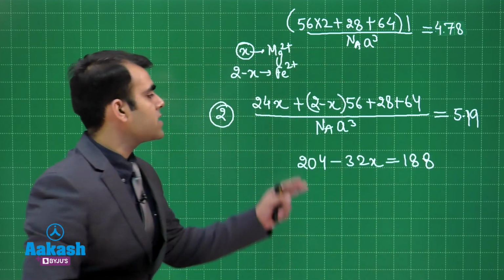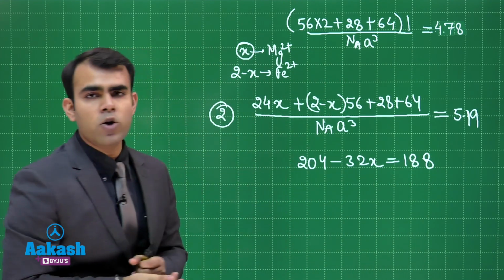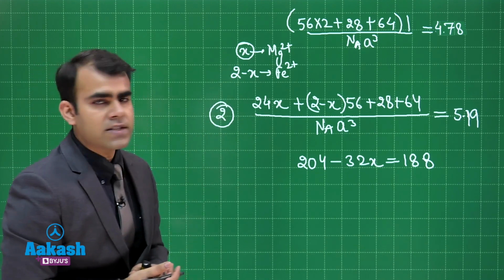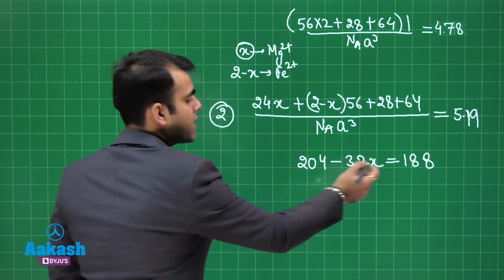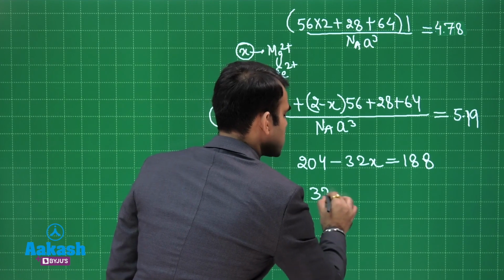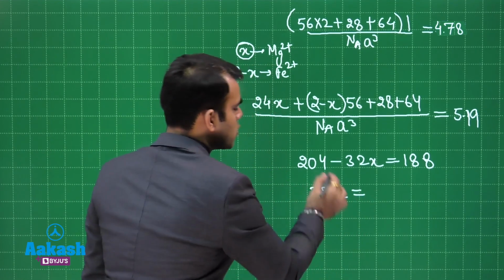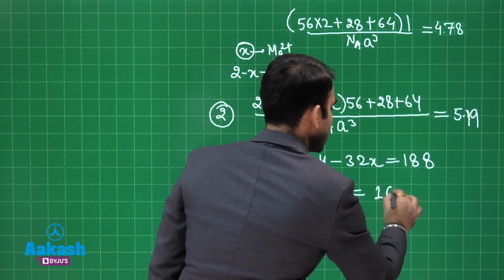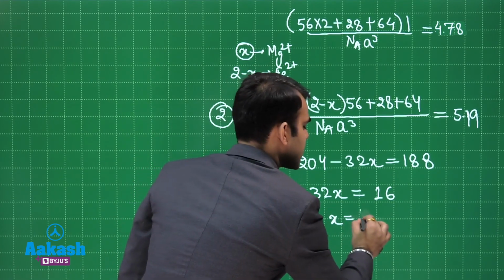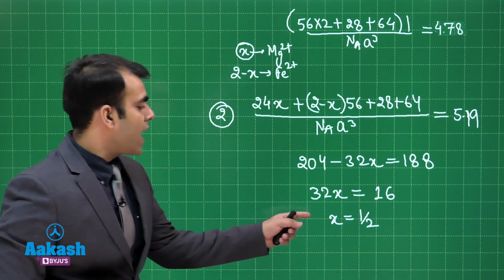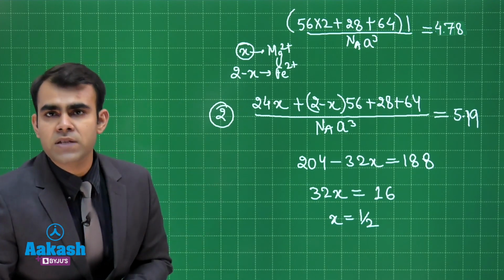You have to relate these two equations. You have to substitute the value of Na A cube from the first equation, and from there we get 32x is equal to 16, and from here x equals half. Now if x equals half, 2 minus x becomes 3 by 2.